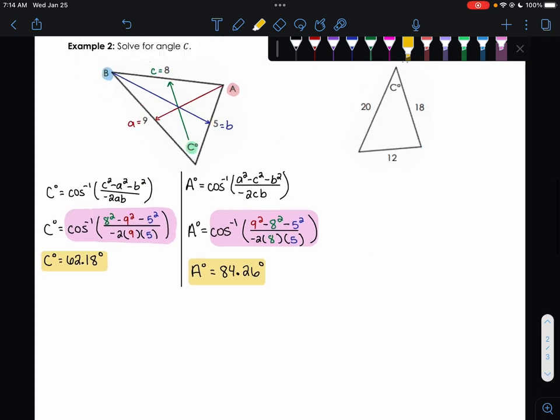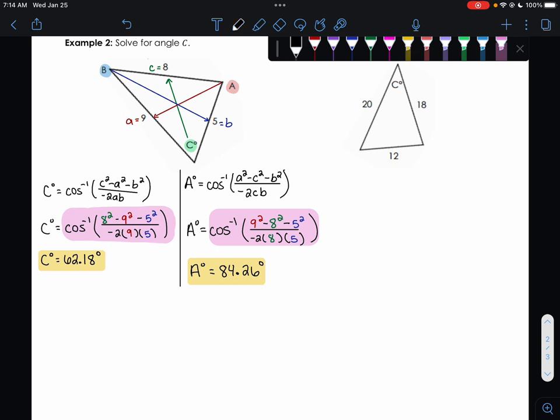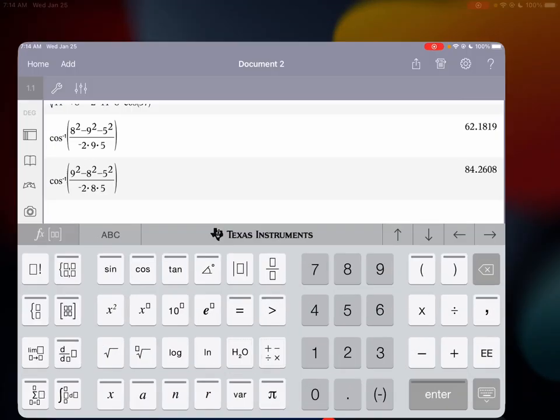So now that I know A and C, if I want to solve for angle B, all I have to do is take 180 and subtract the sum of the two angles that I just got. So 62.18 and 84.26. I'm going to type that into my calculator.